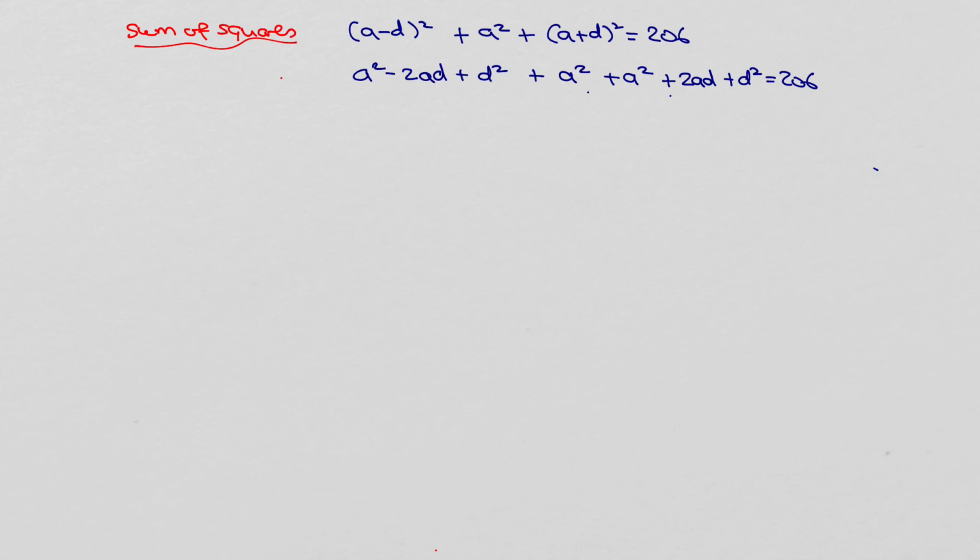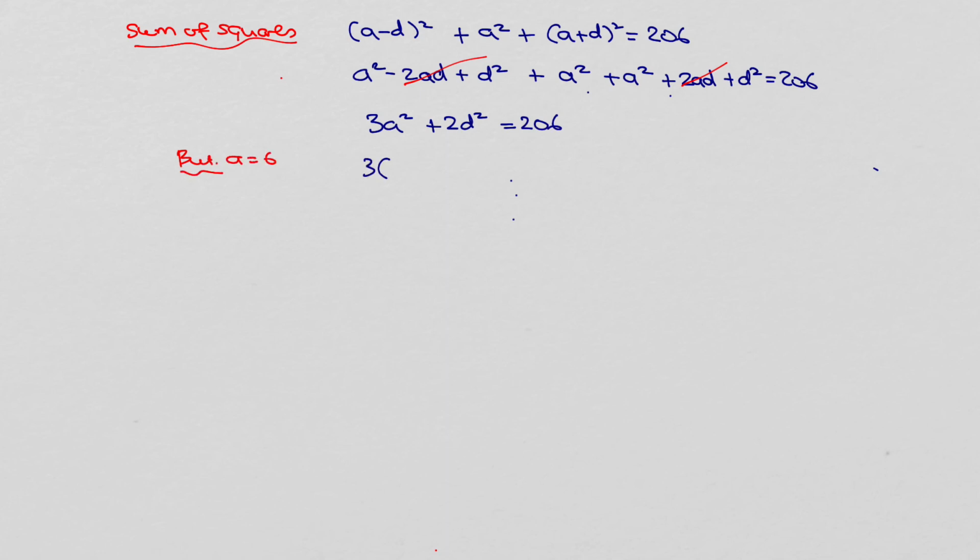So if I simplify that, I have 3a squared, 2ad and 2ad is gone, and then I'm left with 2d squared, and that's equal to 206. But I know that a is equal to 6, we've just established that.